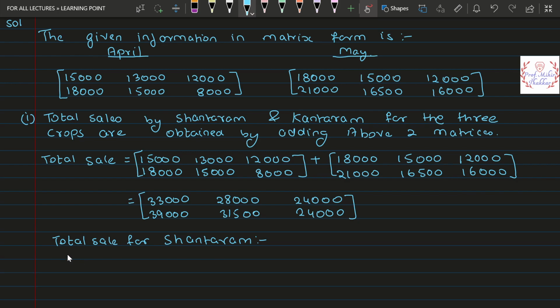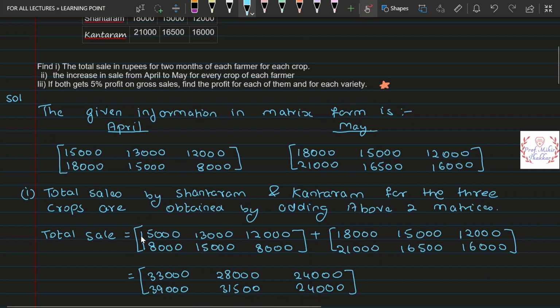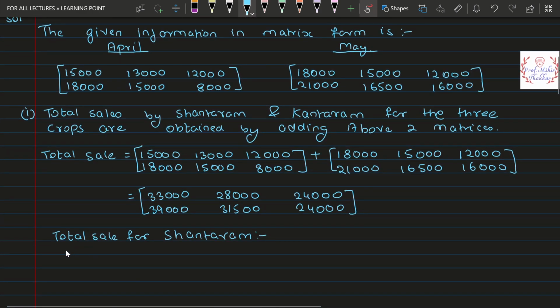Total sale for Shantaram. The three crops are rice, wheat and groundnut.